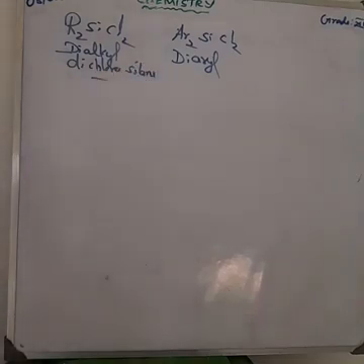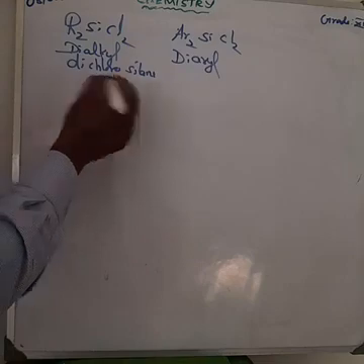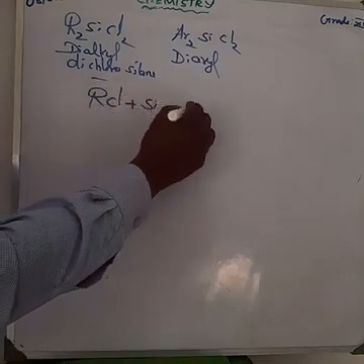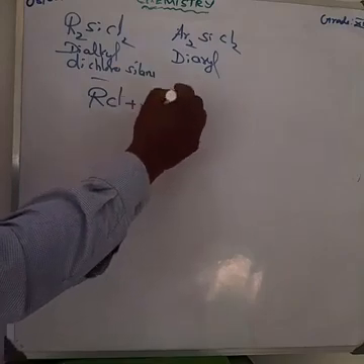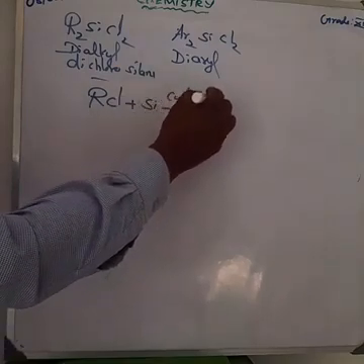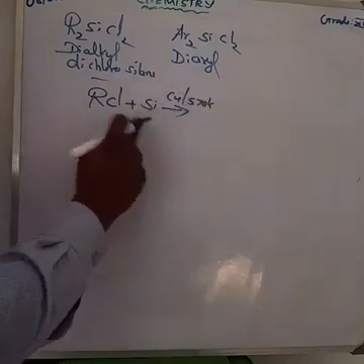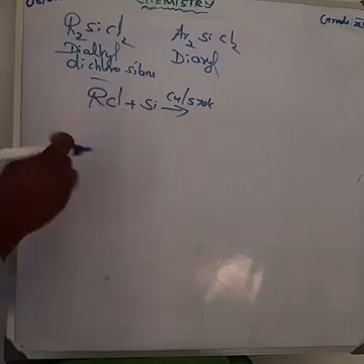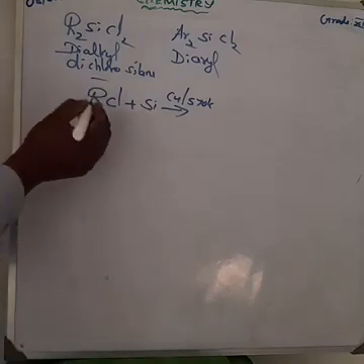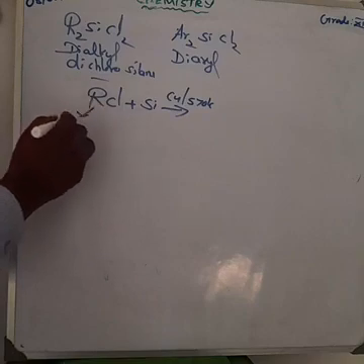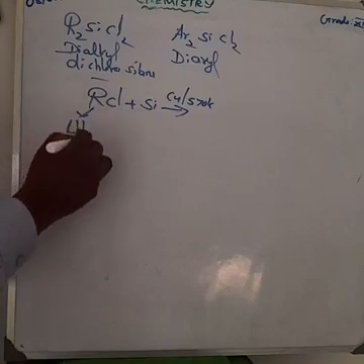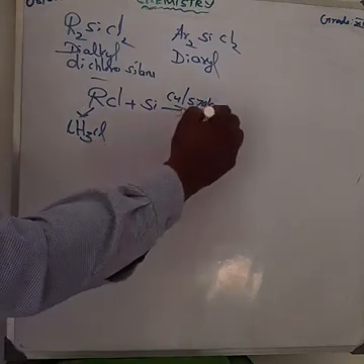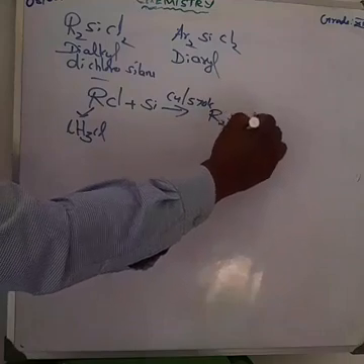We have to write one equation: RCl plus Si, in the presence of copper at 570 Kelvin, gives R2SiCl2. Here R means an alkyl group, for example methyl chloride, CH3Cl. What product is obtained?